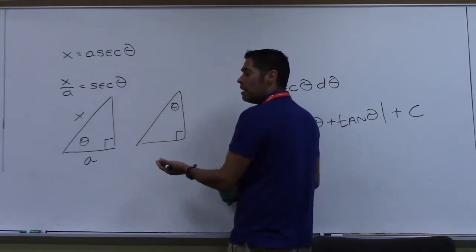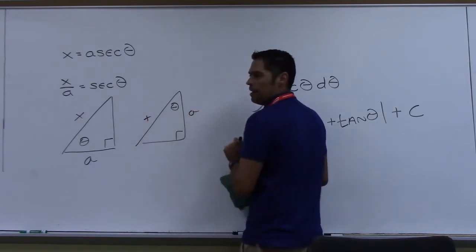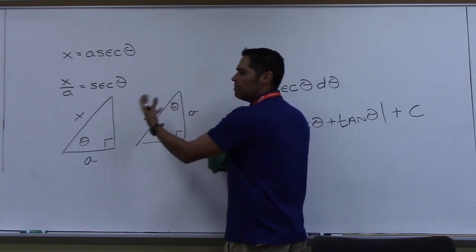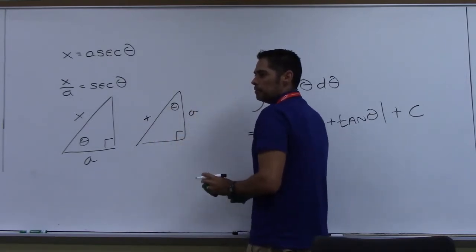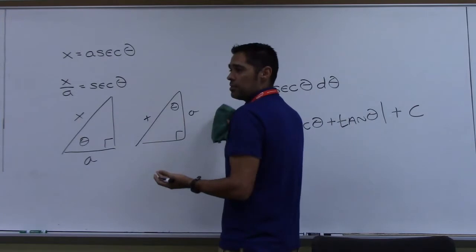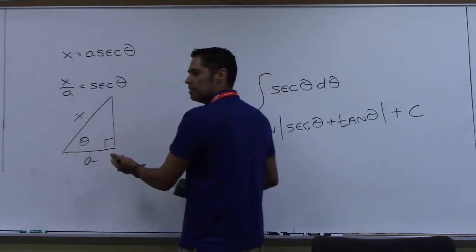Yes. I could put the angle here, but then my triangle would look like this instead. And now opposite and adjacent mean different things, because opposite is this one and adjacent is this one. So is it safer to just put it there? Whichever way makes you happy. Okay. This is the way I draw it. So there's a sense of arbitrary to it.